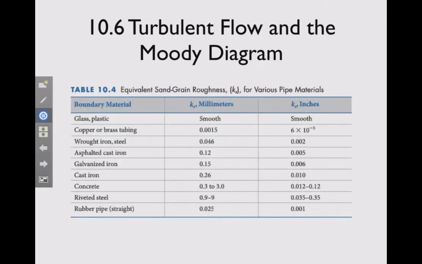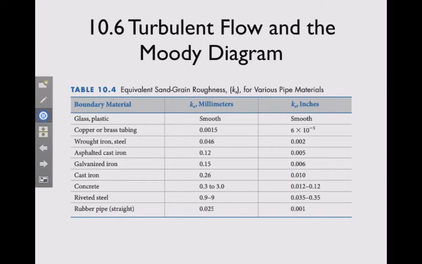So this is just another table, in section 10.6, that gives us the roughness for various types of pipe materials. Glass and plastic, like PVC, are obviously very smooth, and so Ks is going to be small, and we're going to follow that sloping line down on the friction factor in the Moody diagram. And then we've got copper, which is quite smooth, all the way up to values like concrete, which have very, very high Ks values, as sand grain roughness values.